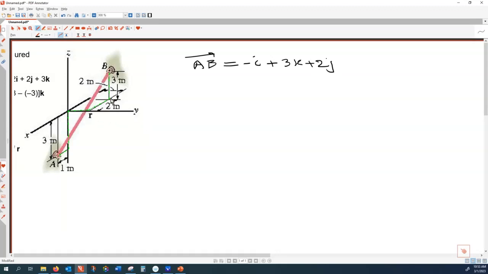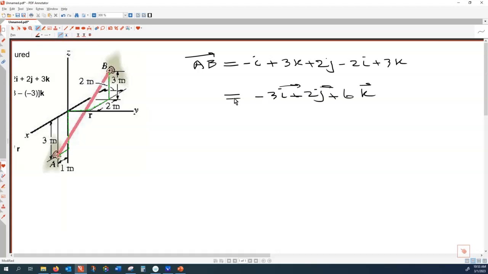And then that is minus 2I again, and finally that is 3K. Everyone follows what we did? Okay, so let's simplify that. This is going to be minus 3I, and only one J is here, that's 2J, but K, 3K, 3K, that's 6K. Okay. All right. So that is the vector.